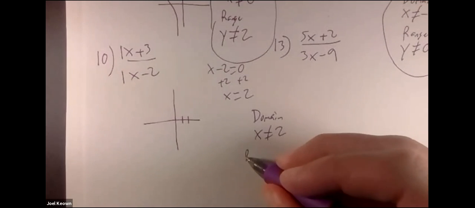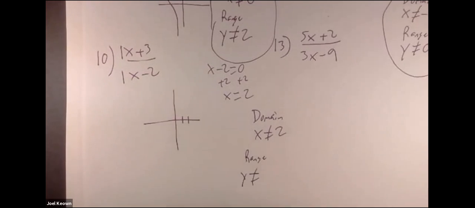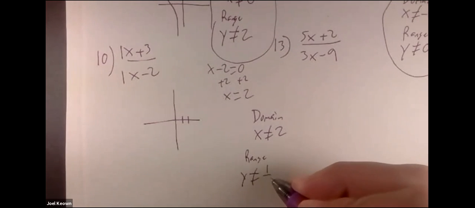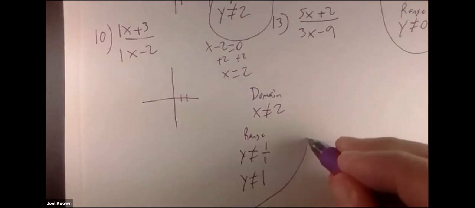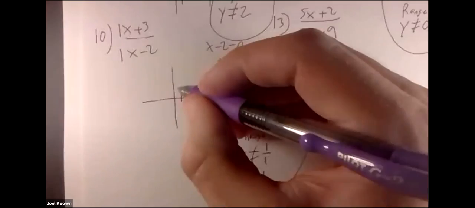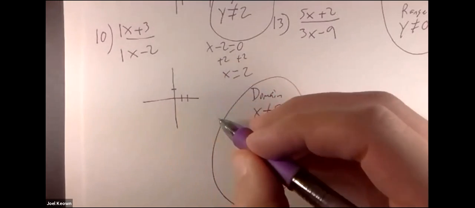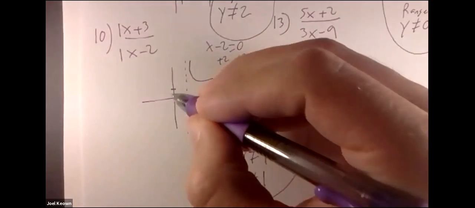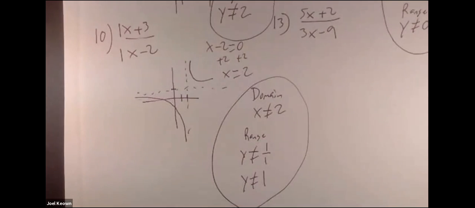So my range is y cannot equal 1 divided by 1, which is just y cannot be 1. If I graph this, that's my horizontal asymptote. So 1 is right there. Put a dotted line on my vertical, a dotted line on my horizontal asymptote, and draw my graph.